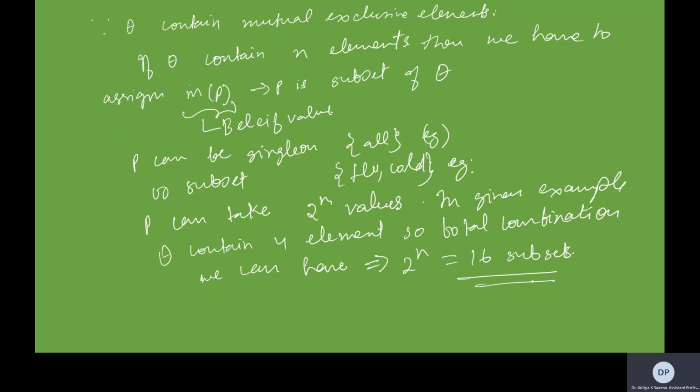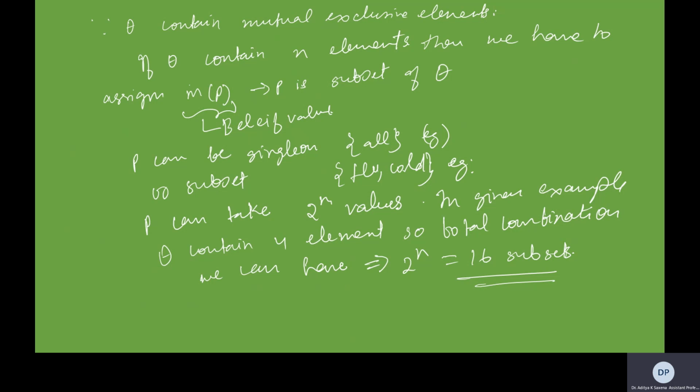Now the doctor will choose one subset and assign some belief that the problem can lie in this subset. Fine. Now we have theta containing mutually exclusive elements and 2 raised to power n number of subsets inside theta. Remember this point.